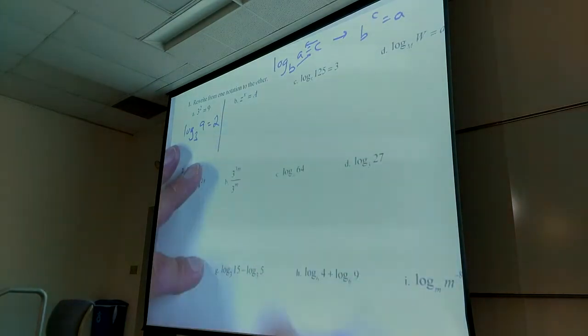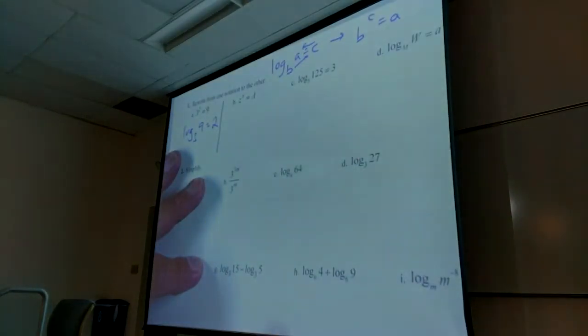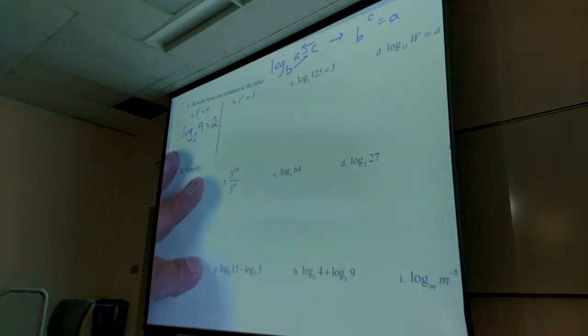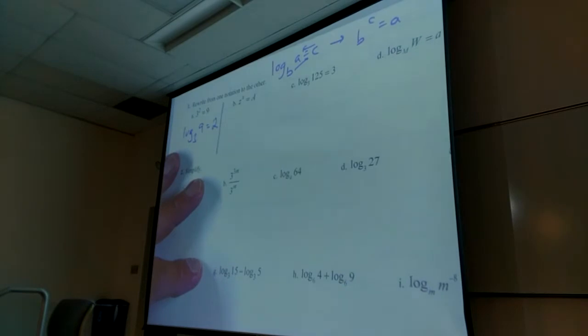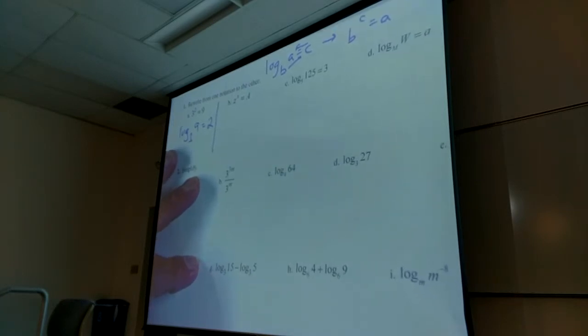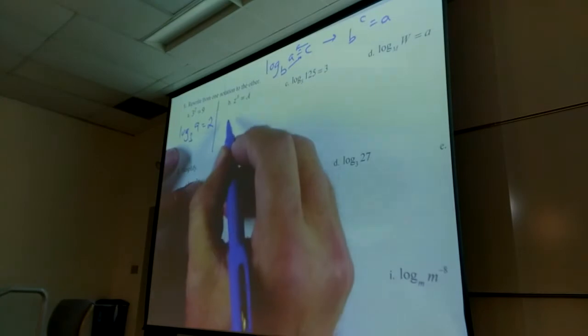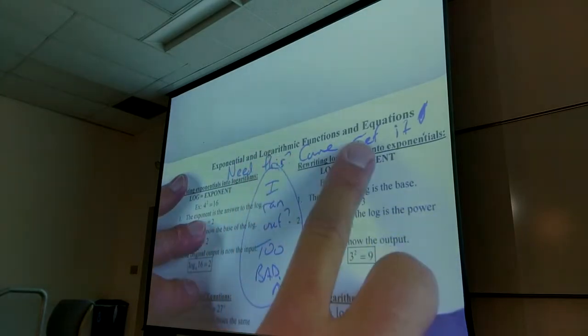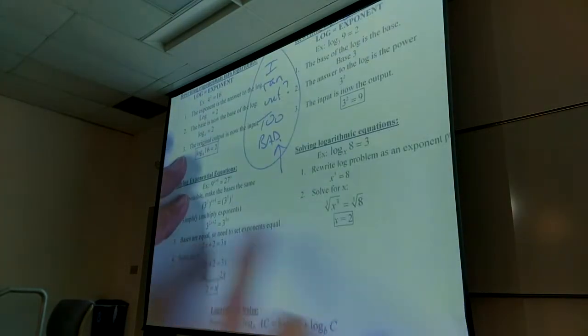So on this guy, try to rewrite this guy if you haven't already. Again, just so you realize, you have this sheet with all these different rules and some examples.